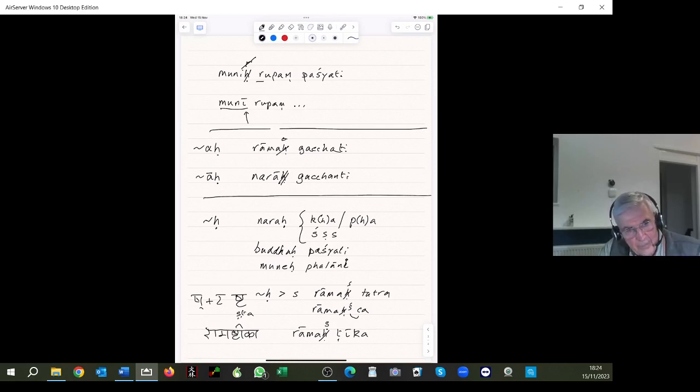Paccattam veditabbo vinnuhi. Paccattam, which in Sanskrit would be pratyatman, atman oneself, pratyatman, each for himself. In other words, you've got to know it by yourself and for yourself. It's not something that somebody gives you. You've got something to know, and it's by yourself and for yourself that you are knowing. It's pratyatman, by yourself.